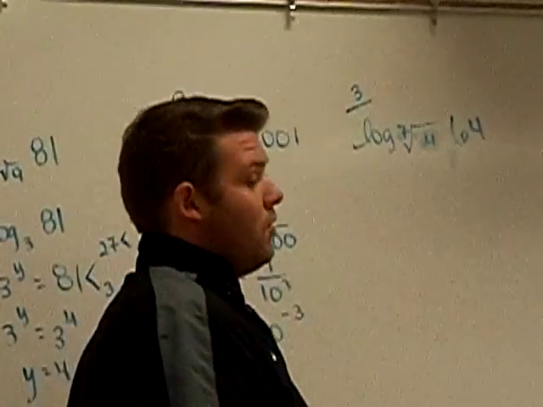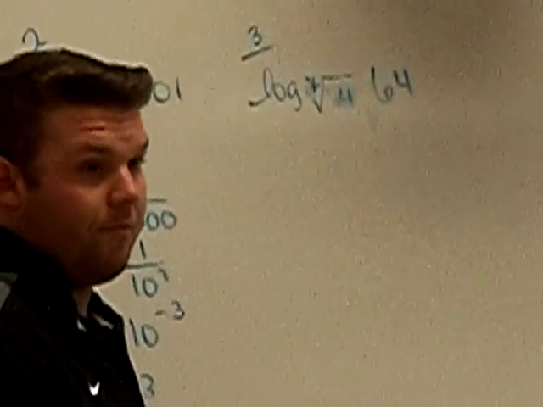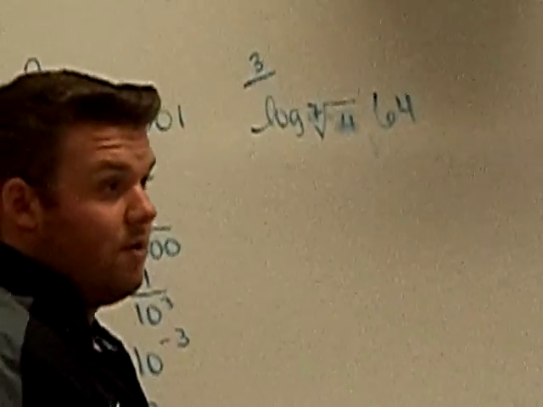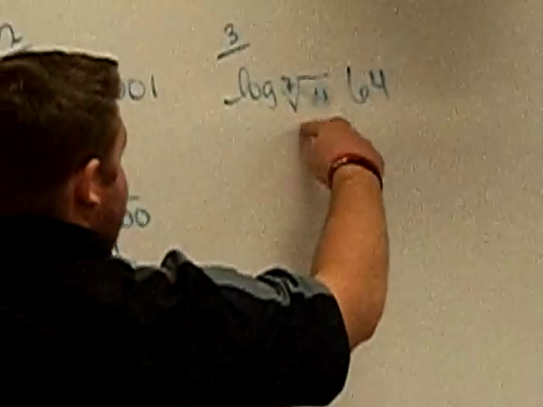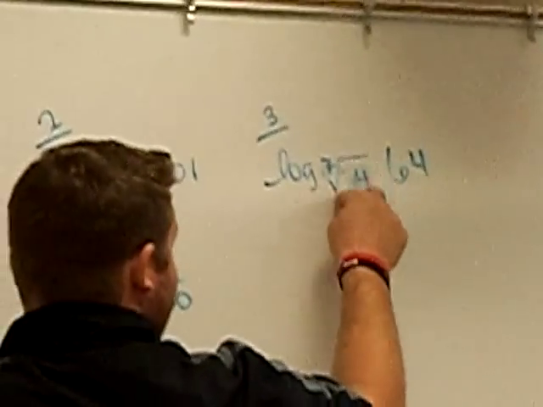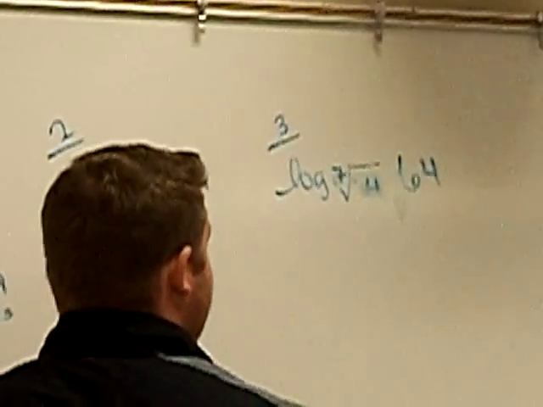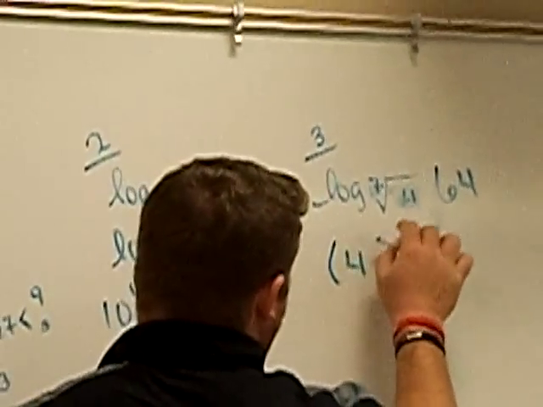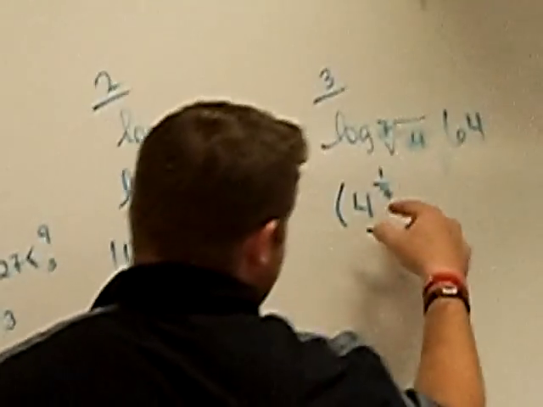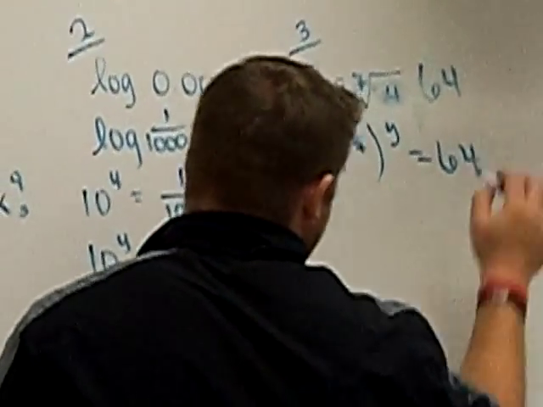The 7th root of 4 is 4 to the what power? 1/7, because whatever's inside the radicand is raised to the first power. So we have 4, because we're taking the 7th root, all that raised to the y equals 64.